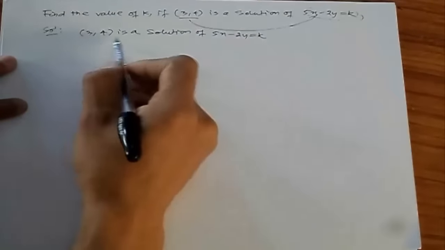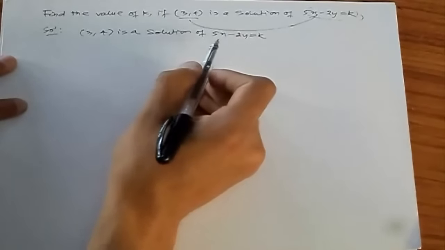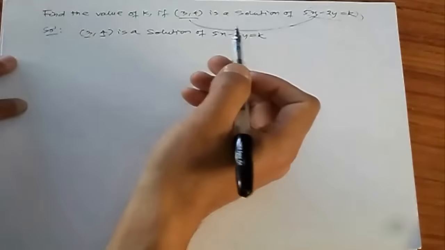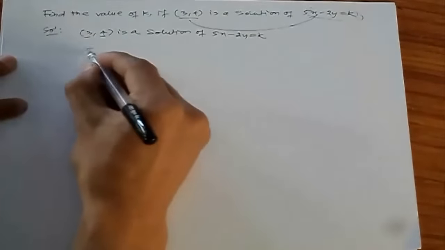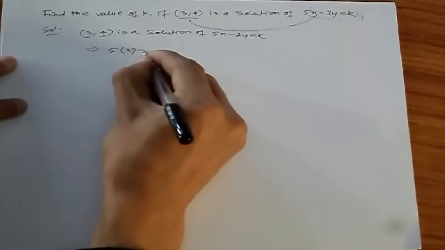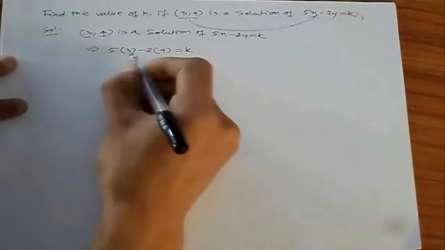So (3, 4) is a solution of 5x minus 2y equals k, means when you take x equals 3 and y equals 4, left hand side and right side become equal. So it implies 5, in the place of x you are going to take 3, minus 2 into, in the place of y you are going to take 4, equal to k.